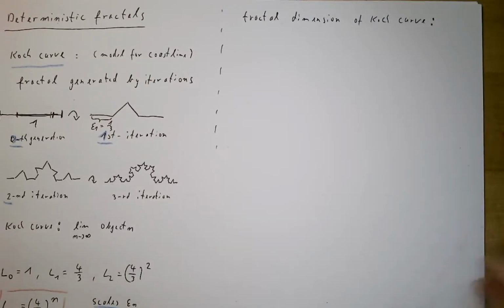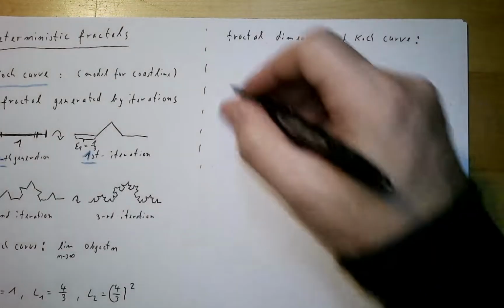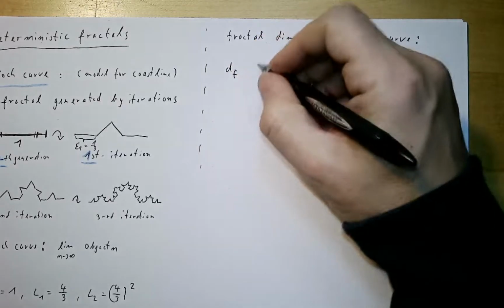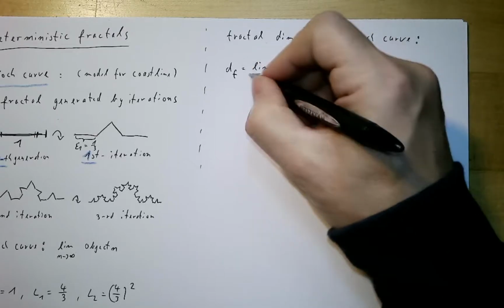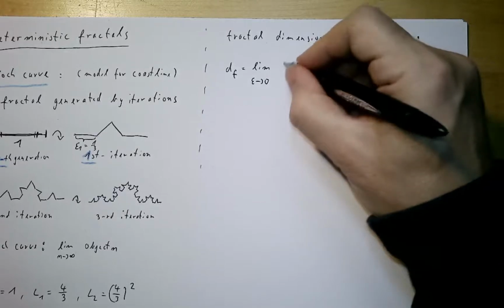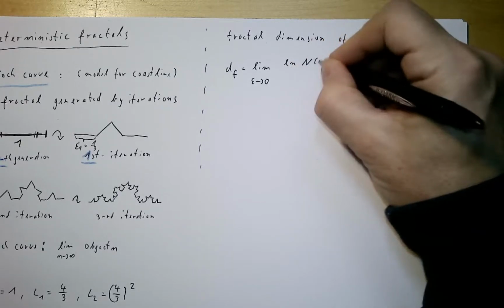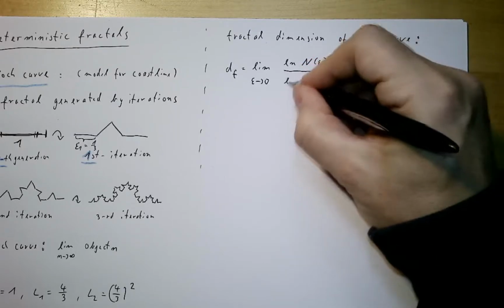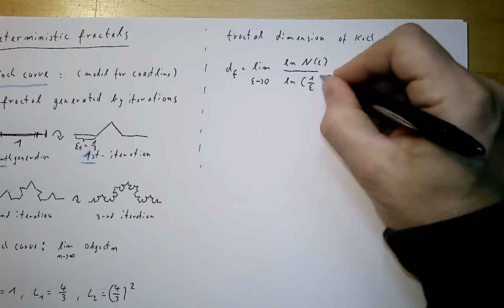And now remember how we calculated the fractal dimension. The fractal dimension was defined as the limit, if we go to smaller and smaller scales, of the log of the number of objects that we have divided by the logarithm of 1 over the scale.